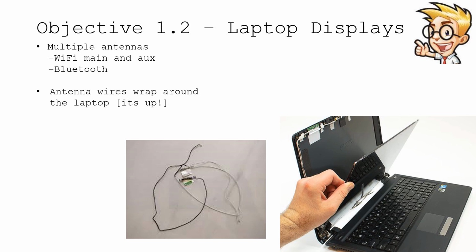If you're using 802.11, Bluetooth, or some other type of wireless networking, then you probably have an antenna that runs to the top of your laptop display. This creates some challenges when you're replacing the display, because you not only have to remember to connect all of the video components, you have to remember to connect all of these antenna wires as well.